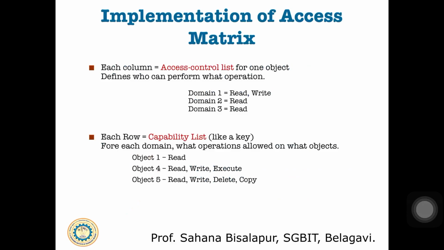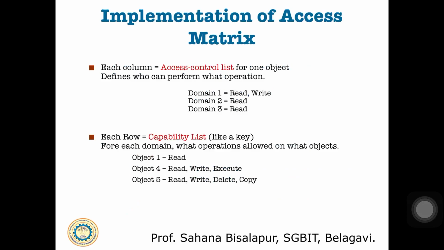Similarly, each domain has a list of unique bit patterns which are called keys. So each object has a lock and each domain has a key. Now what are lock and key? These are represented by some bit patterns. You can just consider the cryptography subject where we have encryption and decryption. Unique bit patterns, in the sense some bits, you can consider zeros and ones.